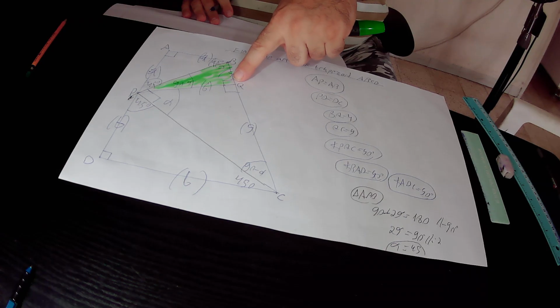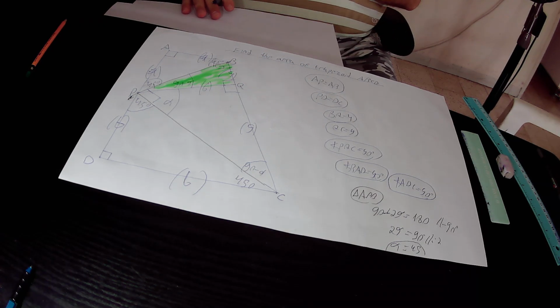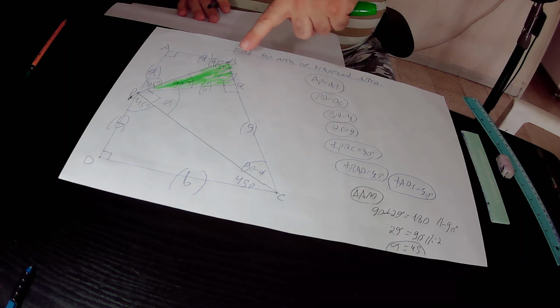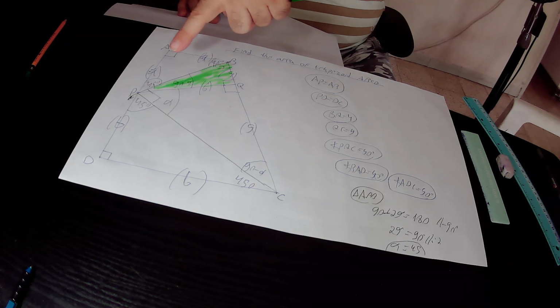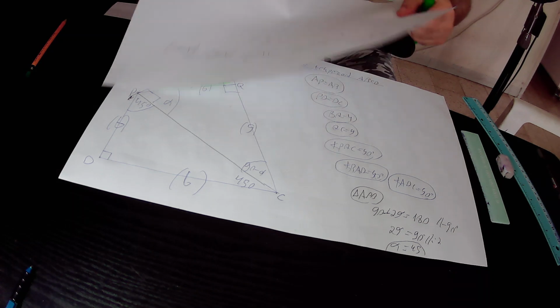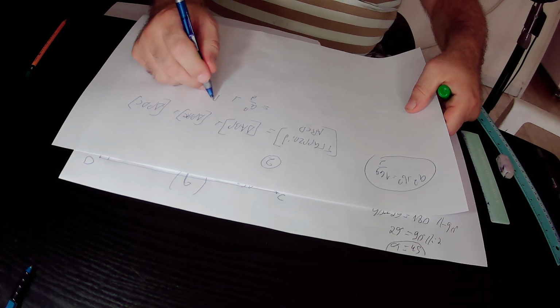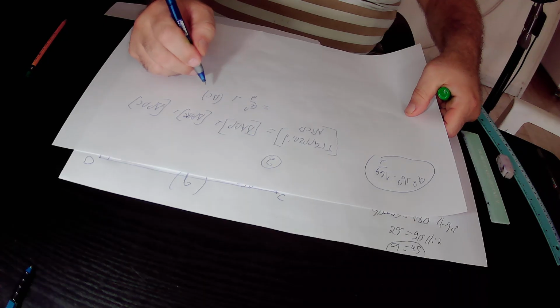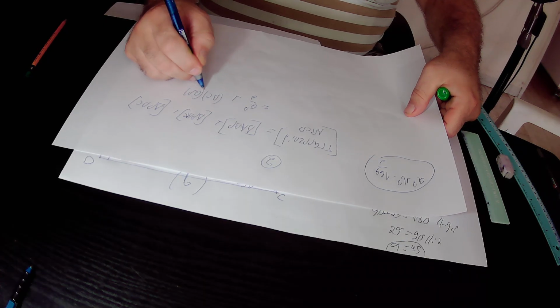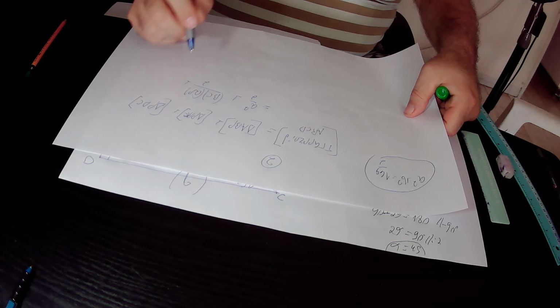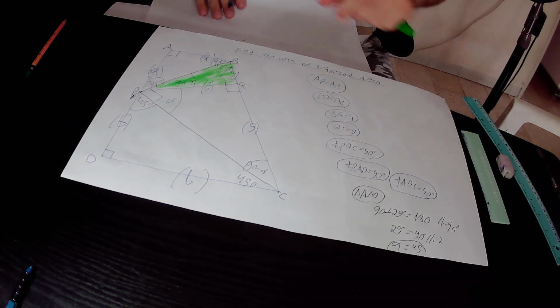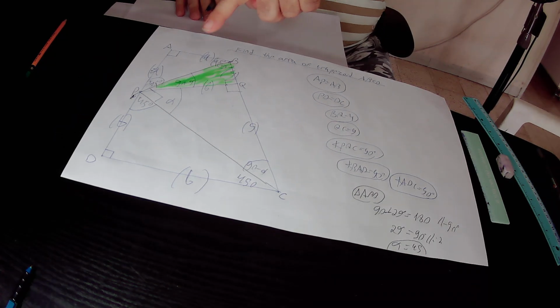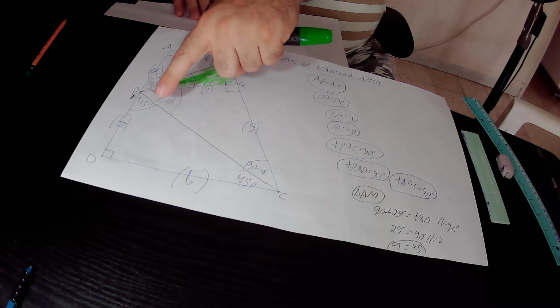So the area of the big right triangle PBC equals the base BC times the height QP over 2. Plus the area of the third component, that is the area of the right triangle PDC.